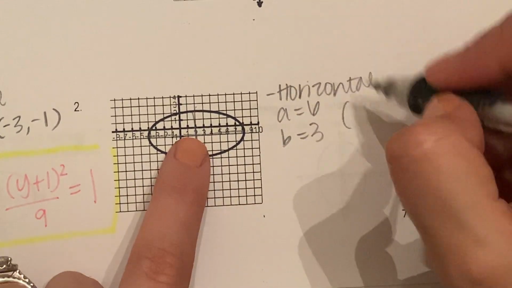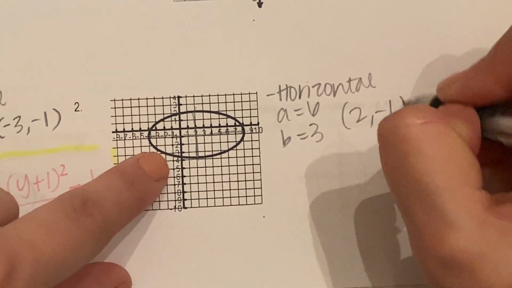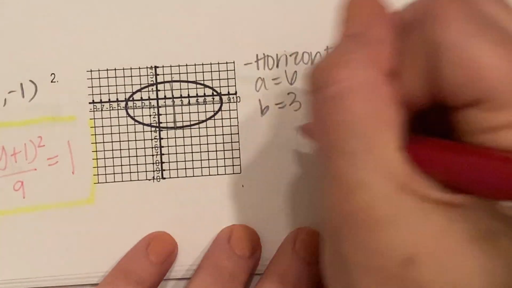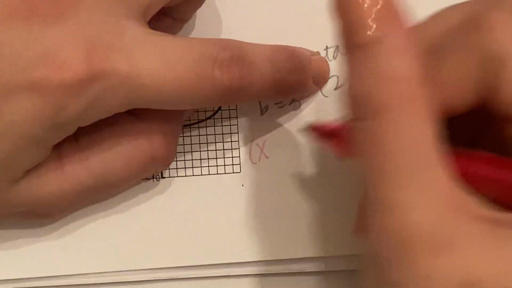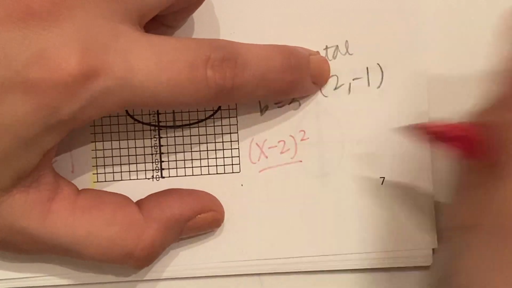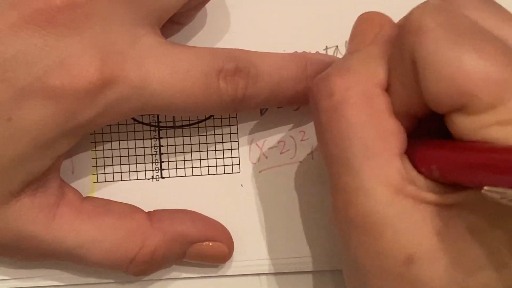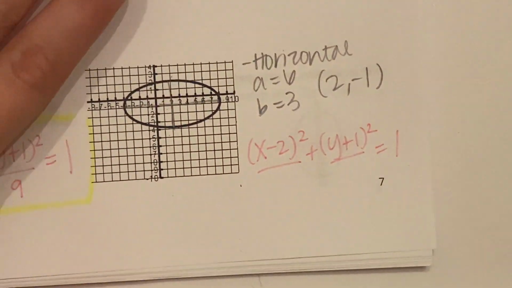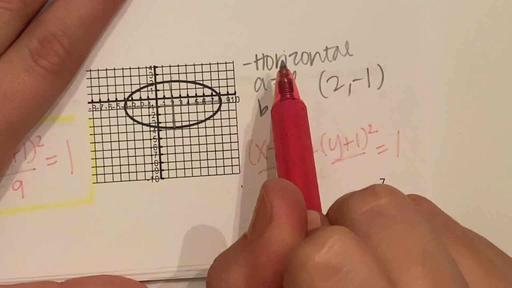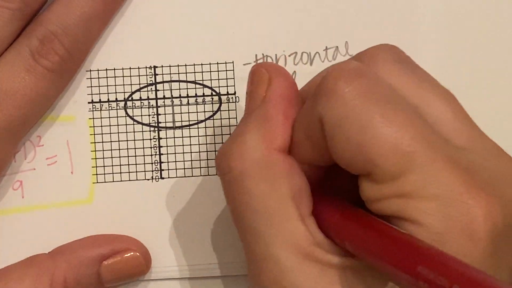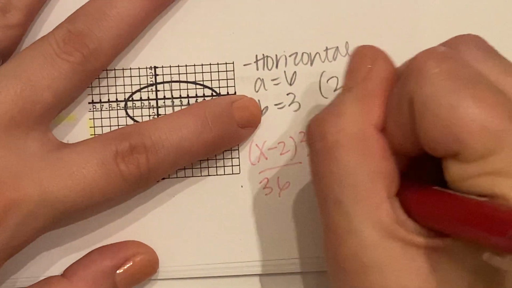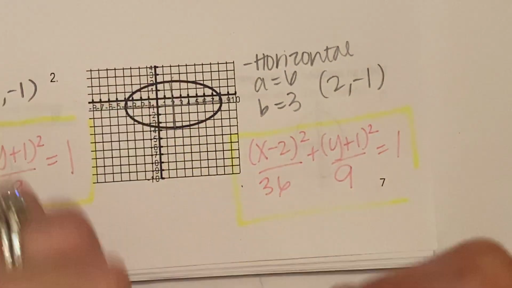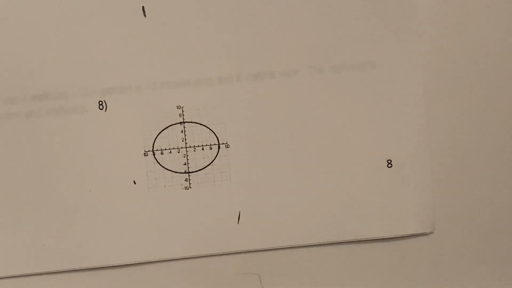The center is at 2, -1. So we'll plug those into our equation. X minus 2 squared over something plus Y plus 1 squared over something, always equals 1. It's horizontal, so my bigger number will go under X. 6 squared is 36. 3 squared is 9. And we're done.